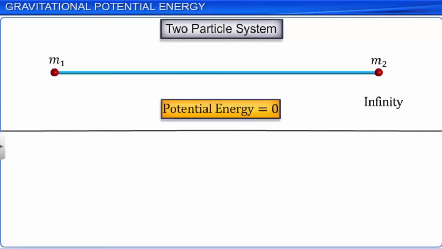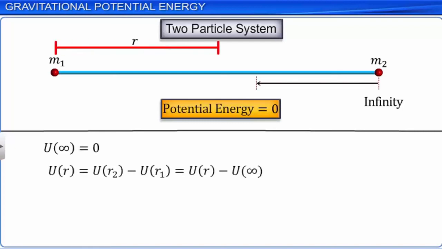In this expression, R1 is infinity and R2 is equal to R. By applying this to the two-particle system considered, we bring the second particle from infinity close to the first particle.